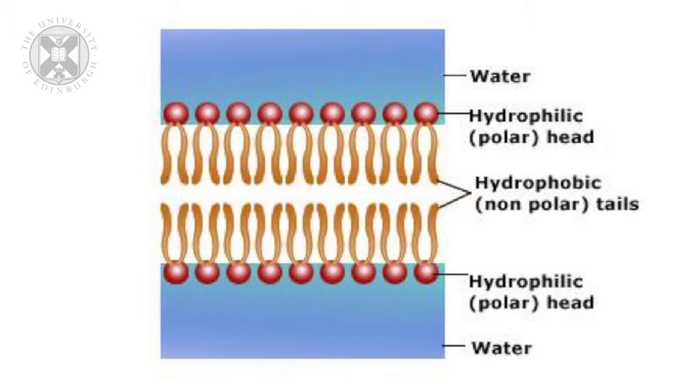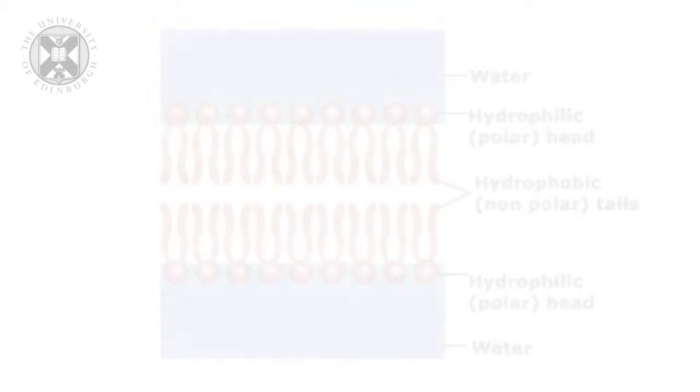If you take these molecules and you put them in water and you mix them up, those tails spontaneously are attracted towards each other because they're trying to get away from the water, but the heads are attracted towards the water. And as you can see here, what you get formed is essentially what's called a bilipid membrane layer. It's a layer of these molecules that spontaneously forms a membrane in water.